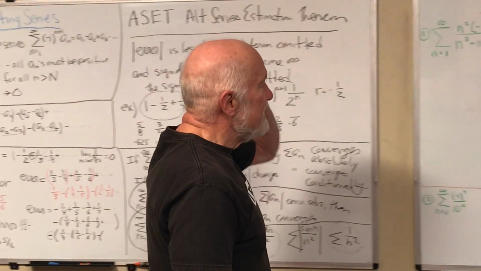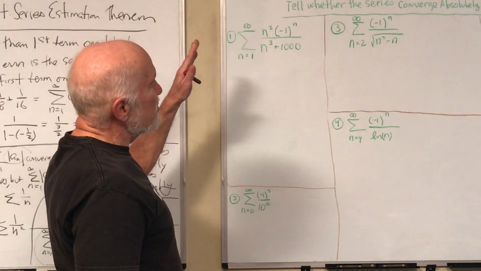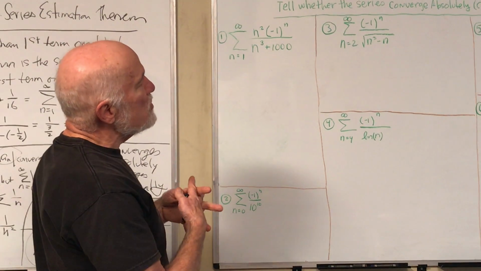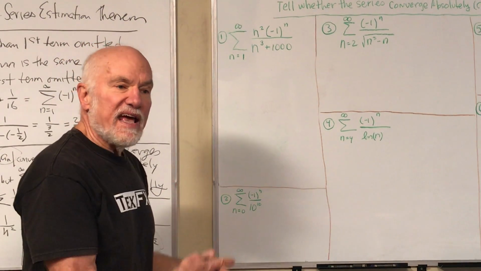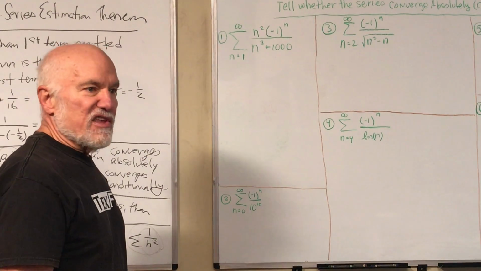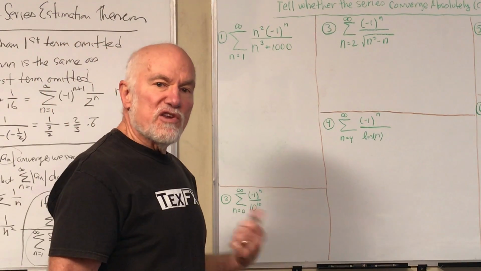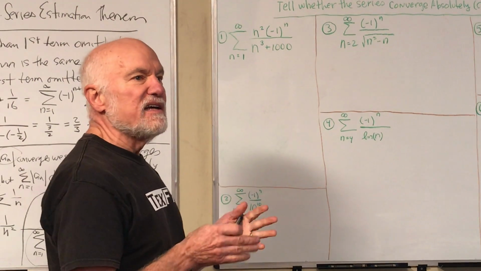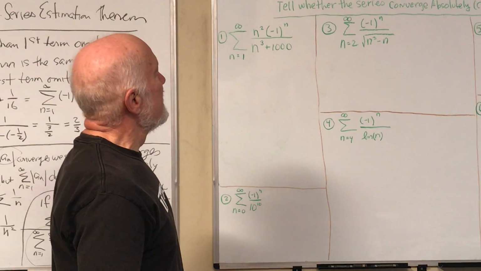Okay, so I'm going to give you 6 examples, and not only are we going to be learning what we learned today, but reviewing a little bit on all these series tests, because we're now done with series tests. And I want to try to show you how you have to attack series in general.